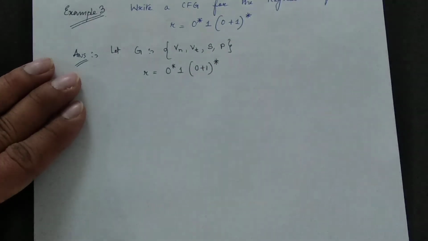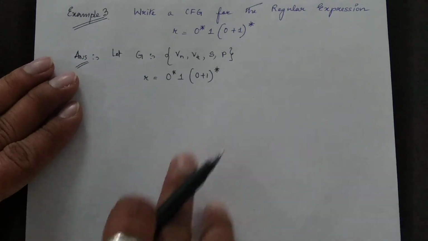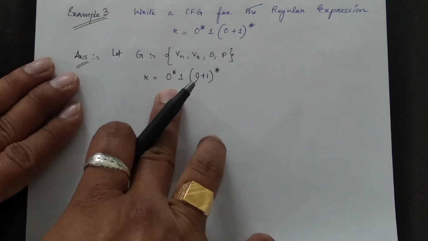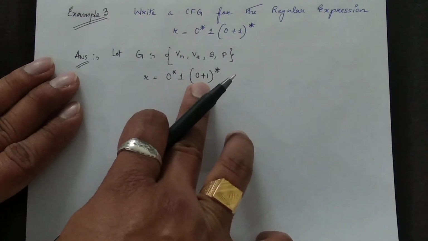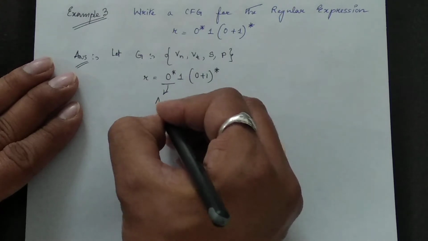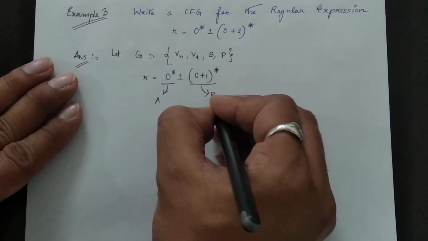In your exam, you can write on your own. That 0 is repeating again and again, that's why I have assigned a variable capital letter A. This part I have assigned as capital letter B. That you can write on your own.